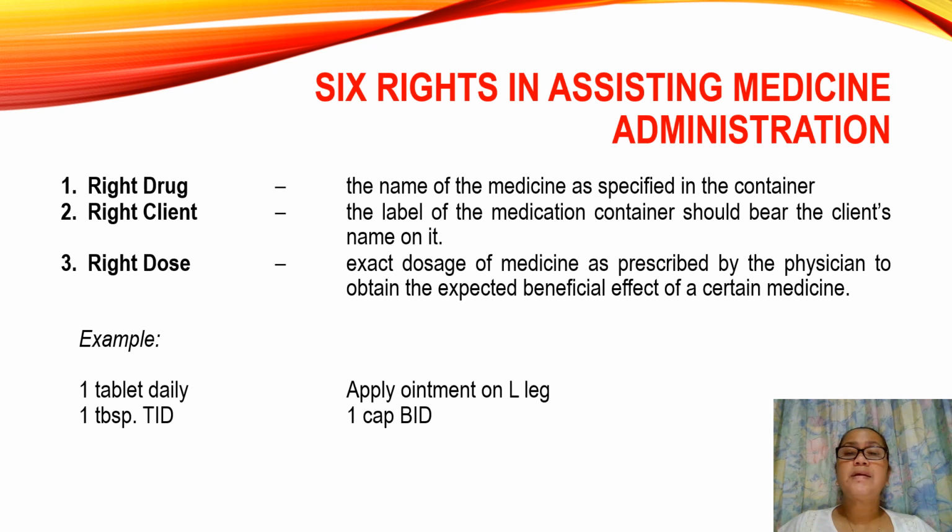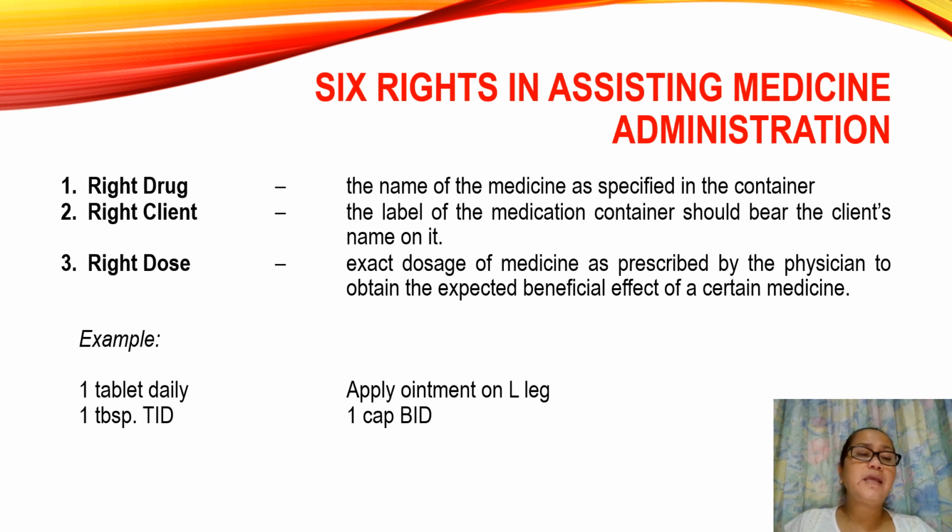So, 6 rights in assisting medications. We have here the right drug, the name of the medicine as specified in the container. The label of the medication container should bear the client's name on it, if that is your right client. And then the right dose, the exact dosage of medicine as prescribed by a physician to obtain the expected beneficial effect of a certain medicine.